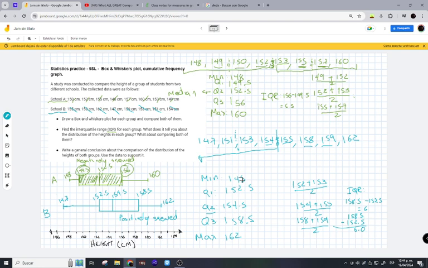And yes, it was different, because the Q1 in our case is calculated wrongly. 151 and 153 are the numbers that determine Q1 in school B. I didn't write this number properly, and that's why I got a different result. It should be 151 plus 153 divided by 2, which is exactly 152. I'm sorry for that, kids.